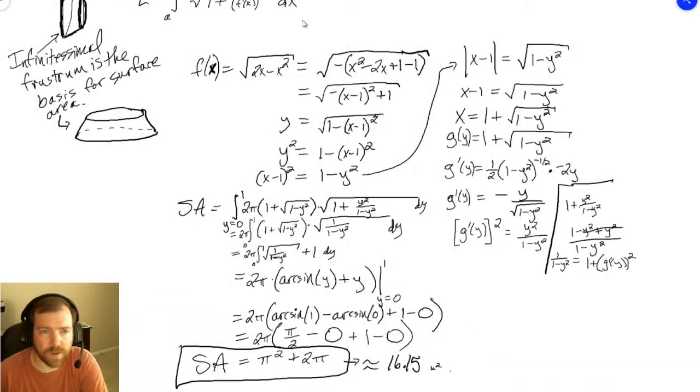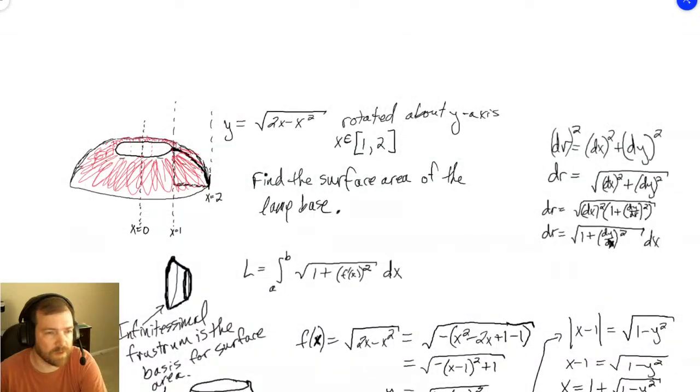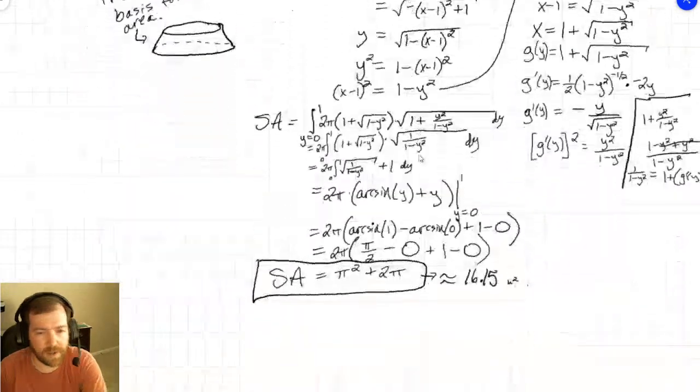In this particular case, we had to trade f of x into g of y because we were looking at something that was revolved around the y-axis. So in terms of the y-axis, you've got to have something that uses a function of y when it's rotated around the y-axis.